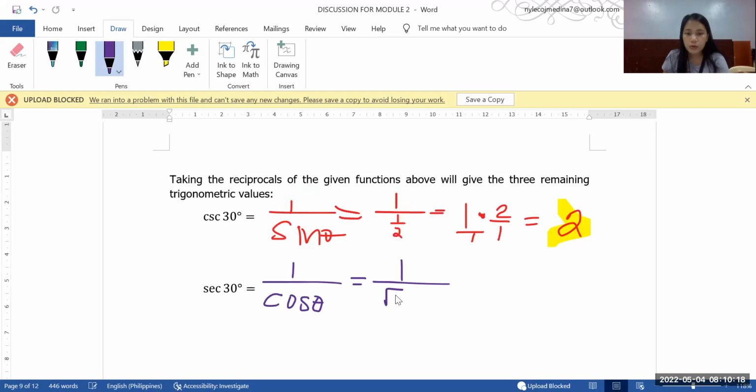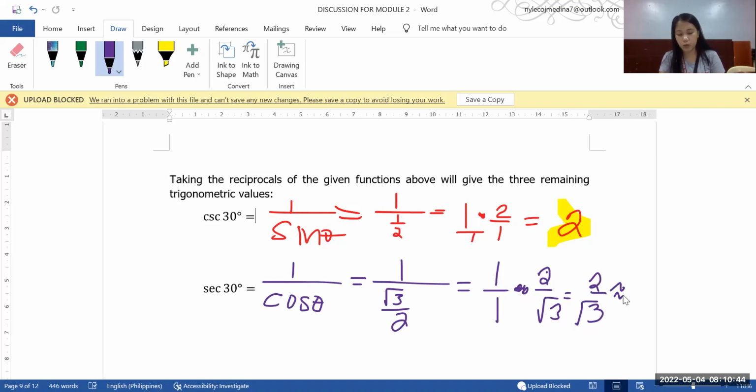So 1 over 1, which is the numerator, times the reciprocal of square root of 3 over 2. That would give you 2 over square root of 3, or on the calculator, 3.46.